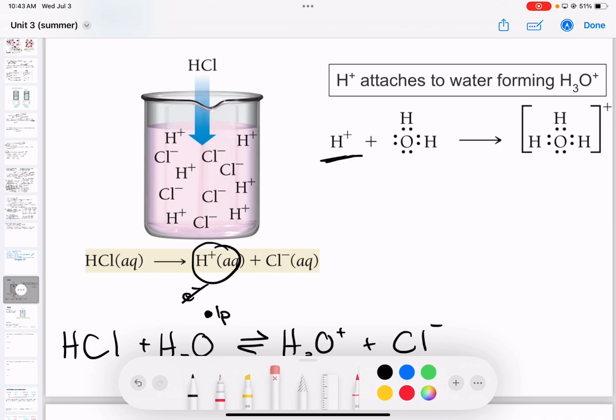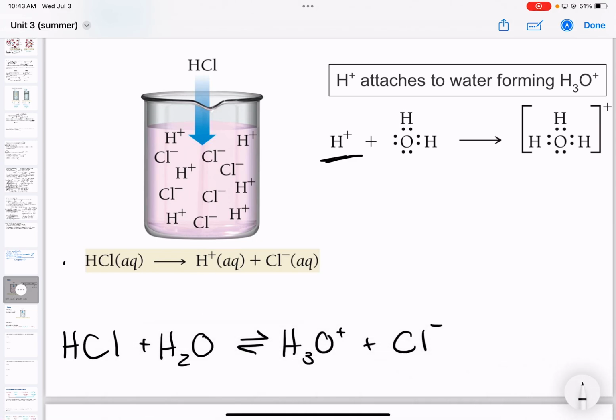Both of those, the one that's written up here and the one I wrote, are completely the same thing. They're both acceptable. It's just that you're assuming the water in the first one, and I'm explicitly writing the water in the second one. Okay? You said acids were what? Proton donors, or H+ donors.